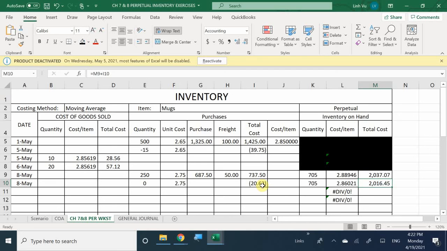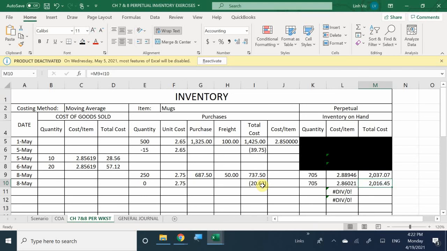I put plus, sorry about that. I just want to make sure you understand that this is to subtract out. I did the same thing. I erased it. So there you go, 2016.45.